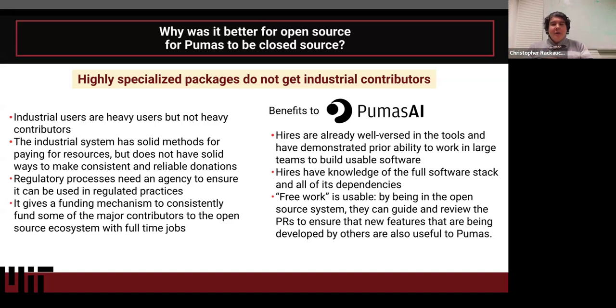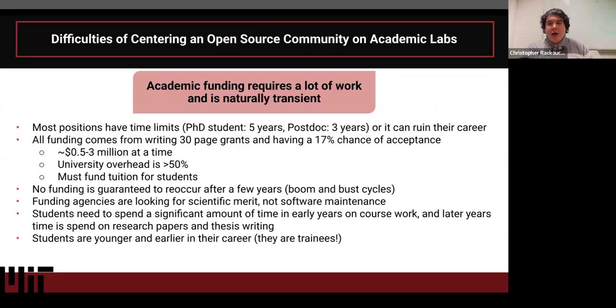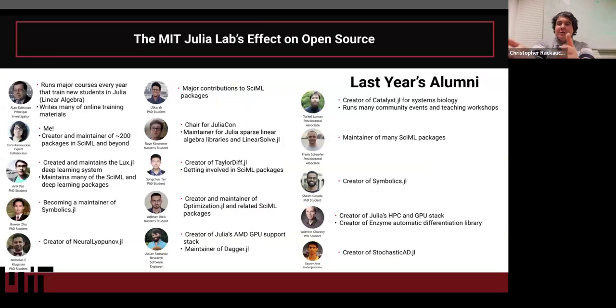But all that aside, it basically gave us a funding mechanism for everyone who actually wanted to work on these differential equation solvers. We now had a place to hire them when they graduated, because again, you go back a few slides, what happens to all these people when they graduate after they start to be contributors to the library that are so good? We now had a company where you could just say, hey, you like to work using these open source tools and everything.